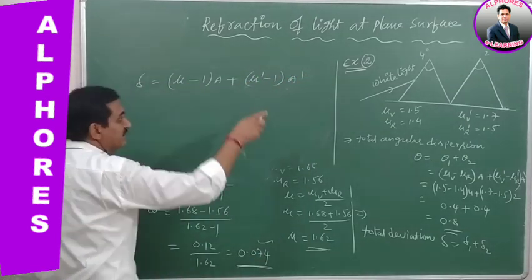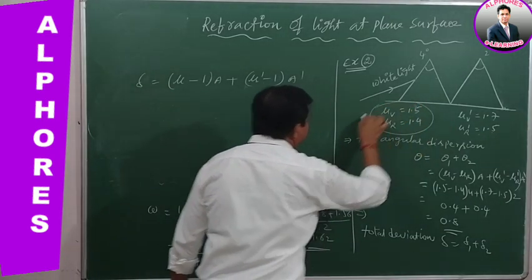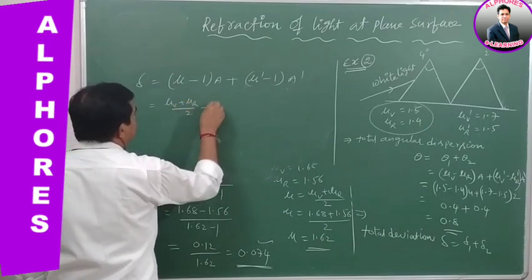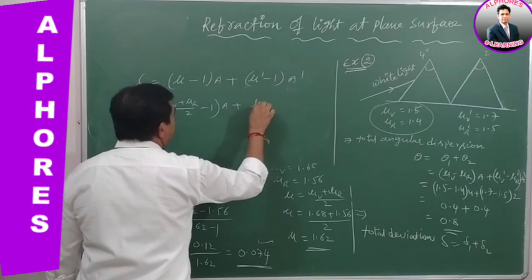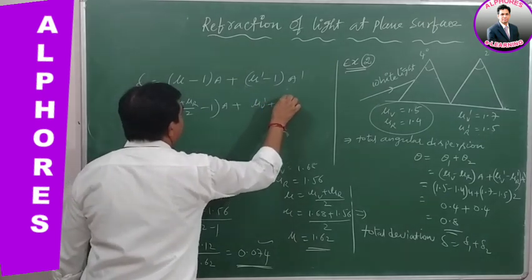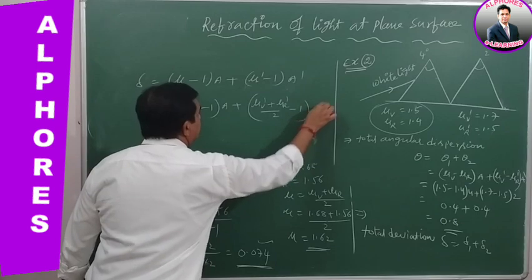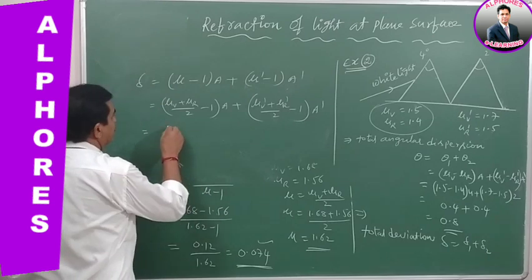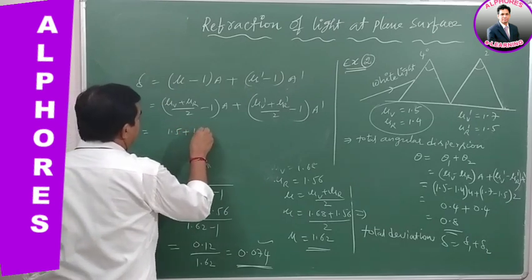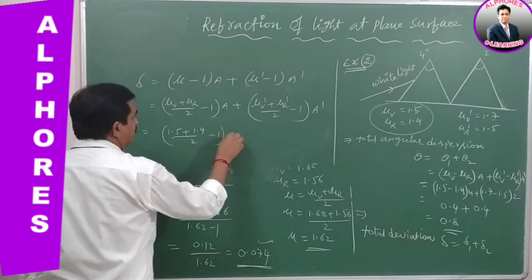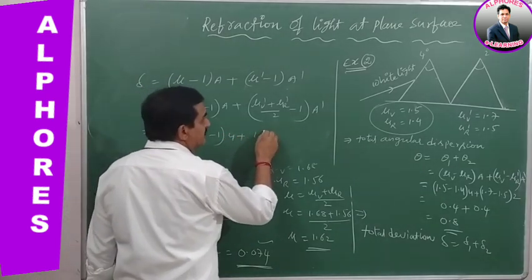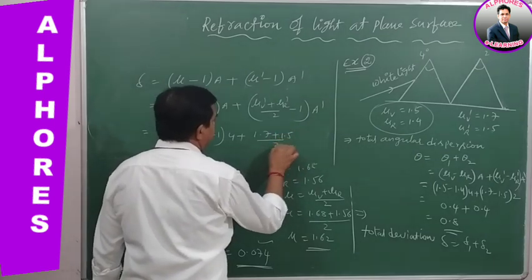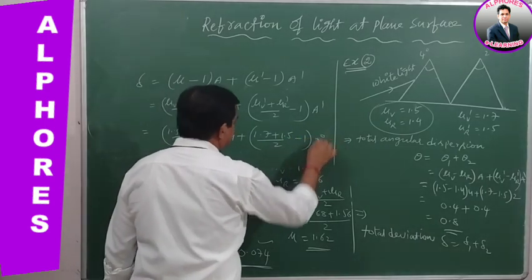Mu is not given, but we can find it by taking the average of these two colors, that is (mu v plus mu r) by 2 minus 1 into A plus (mu v dash plus mu r dash) by 2 minus 1 into A dash. By substituting the values: (1.5 plus 1.4) by 2 minus 1 into 4 degree plus (1.7 plus 1.5) by 2 minus 1 into 2 degree.